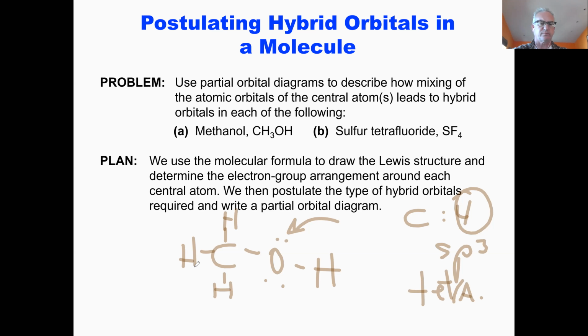What about oxygen? How many regions of electron density are going to be around that oxygen? Basically, in how many places around that oxygen are we going to find electrons? That's what a region of electron density is. 4.